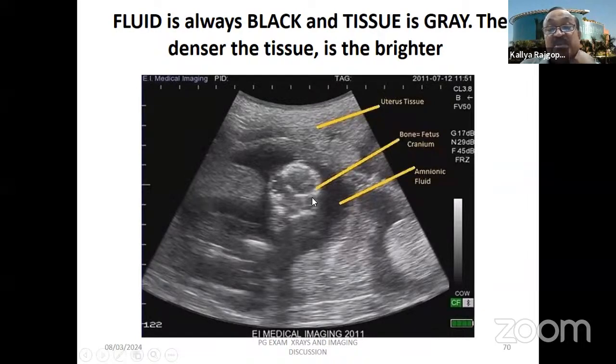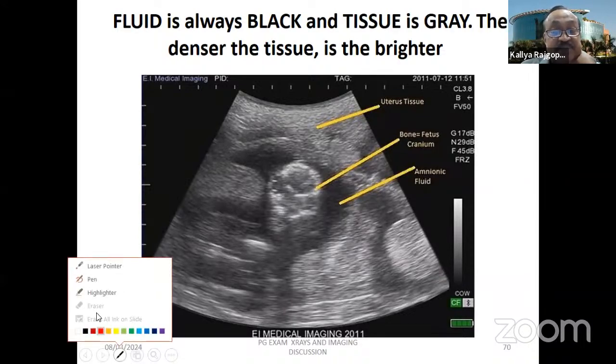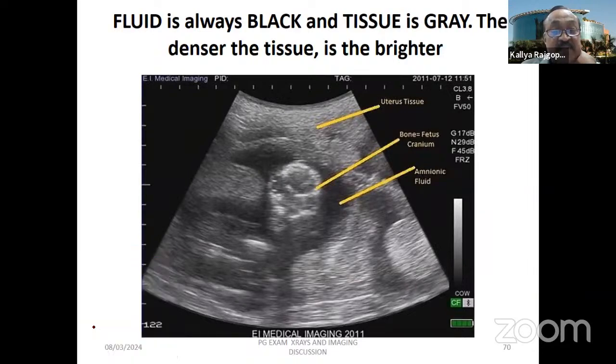If you see the bone here, the cranium, it looks brighter. I hope you now know these fundamentals: if you see a bright one, here is the bone, that is the cranium. This fluid is amniotic fluid, and this is the uterus.